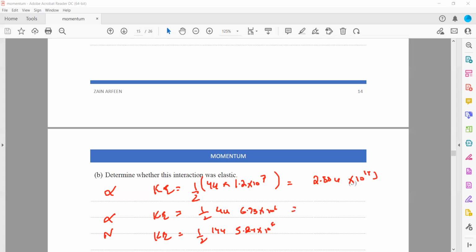When we simplify and sum them, the total kinetic energy will approximately come out as 2.88 into 10 power 14. So if the initial kinetic energy is equal to the total final kinetic energy, it means this collision is an elastic collision.